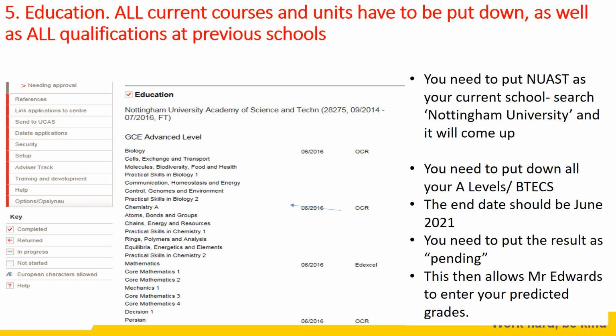So your start date is easy, but your end date must be June 2021, and you need to put the result as pending. That then brings it up on your reference form for your teachers, i.e. me, to put your predicted grades in. Until you input your current A levels and put the result as pending, I can't do a prediction for you.